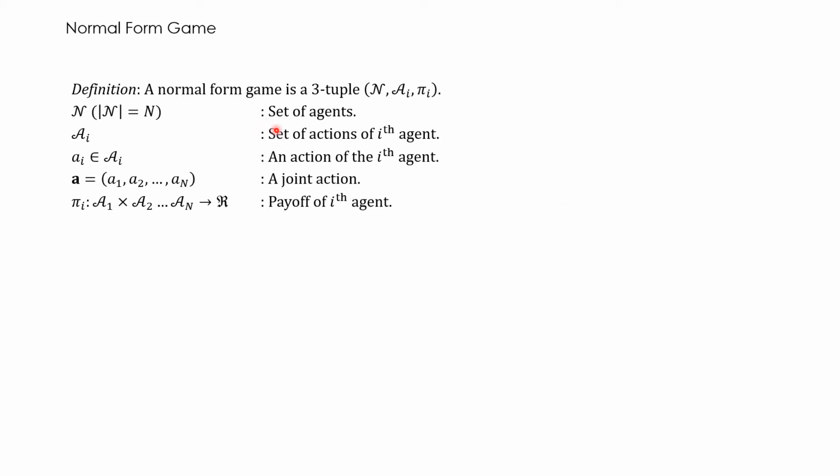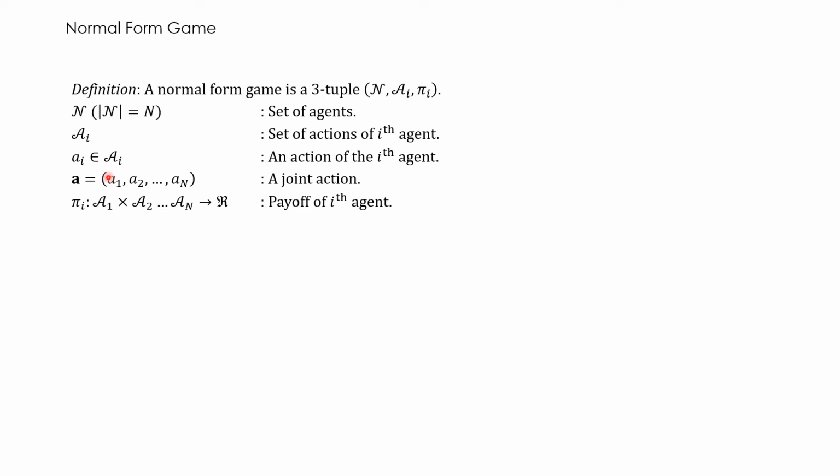A normal form game is a three-tuple consisting of N, a set of agents. I use scripts for sets, and the cardinality of this set N of agents is n, and each agent has an action set A sub i. So this is the set of actions of the ith agent, or I usually refer to it as action space.